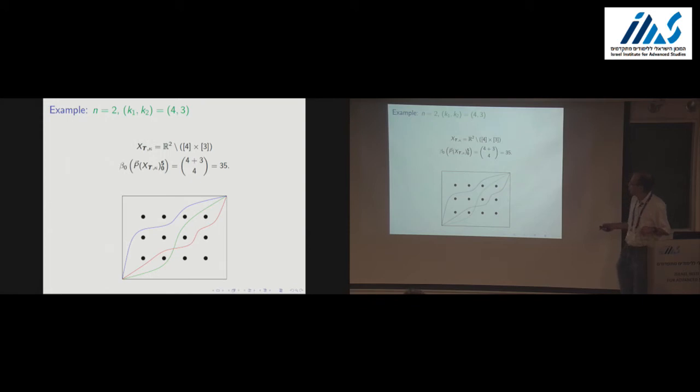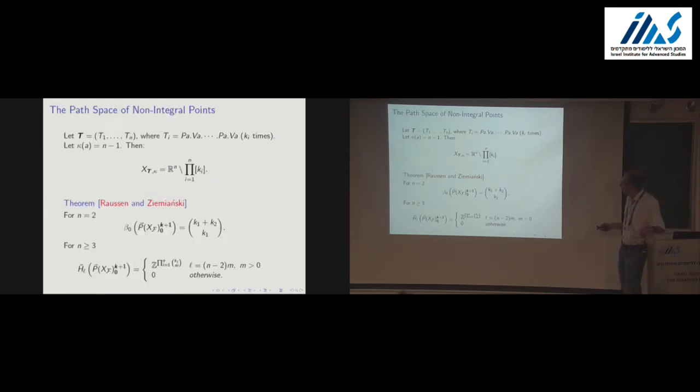Let's see the example. If we remove this lattice point, well, we can decide at each point whether we go up or to the right, and the number of choices is just 4 plus 3 choose 4. When you're in dimension at least 3, then the situation is less clear.